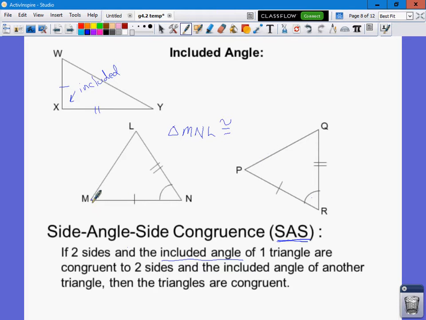I went from one mark on a side to the angle to two marks. So I've got to go P, R, Q in my other triangle. And I know these two triangles are congruent by side angle side.